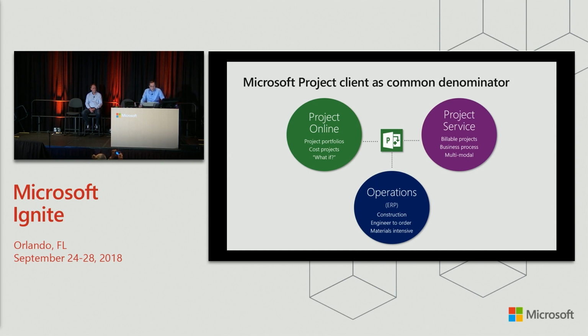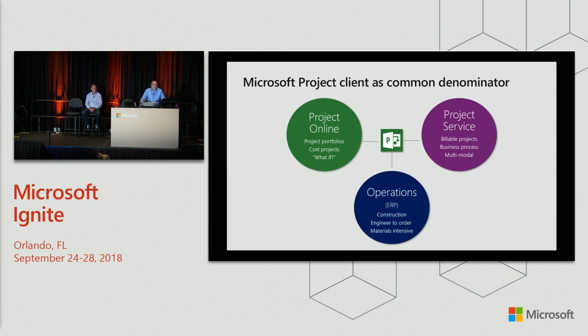But from the project team level on up, Microsoft Project is historically and continues to be a fundamental component of that experience. It's the richest project planning and controlling surface area that we can offer. And it has an integration, of course, directly into Project Online natively, and then through add-ins into Project Service as well as operations, or our finance and operations projects module.